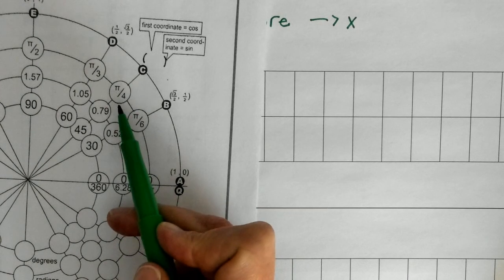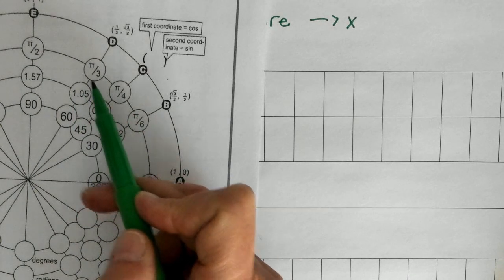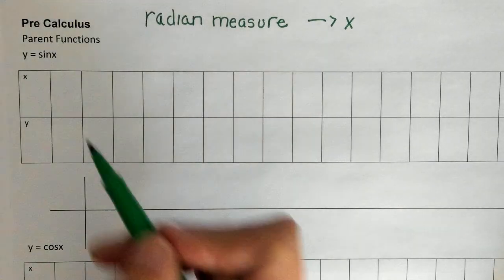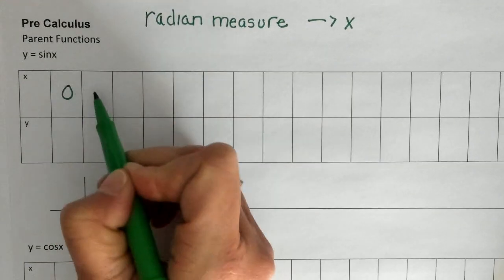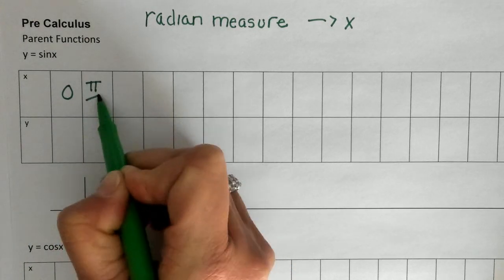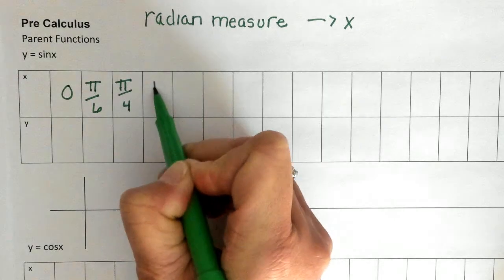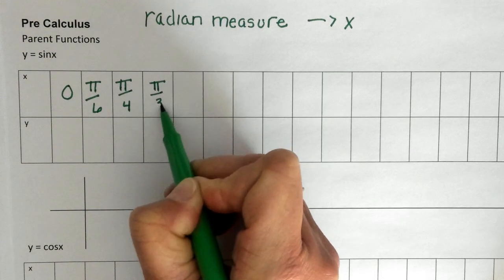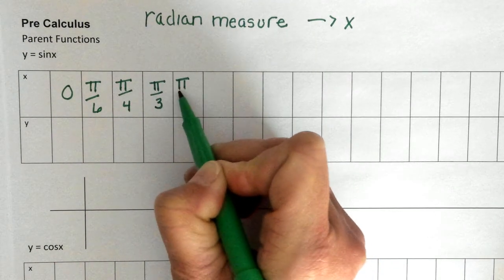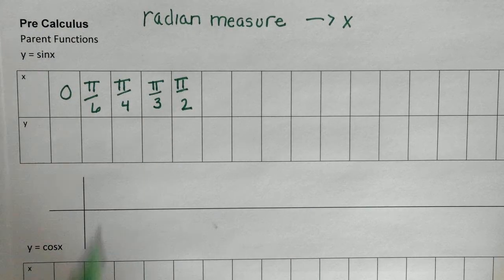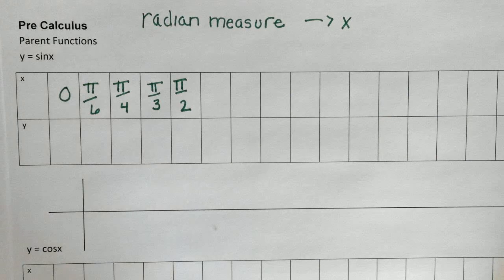Then I have pi over 4. Then I have pi over 3. Then I have pi over 2. Forgot 0. So here we go. 0, pi over 6, pi over 4, pi over 3, pi over 2. And I would continue this until the end, until I'm all the way around my circle.